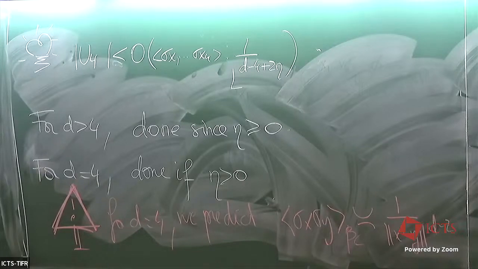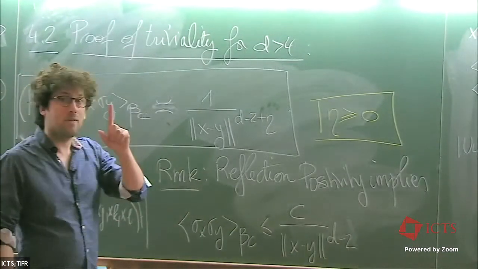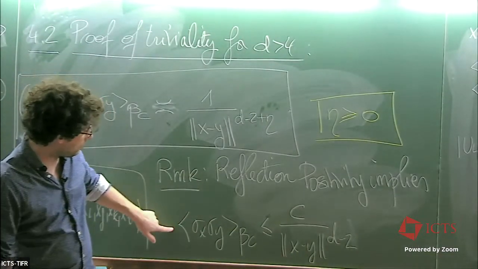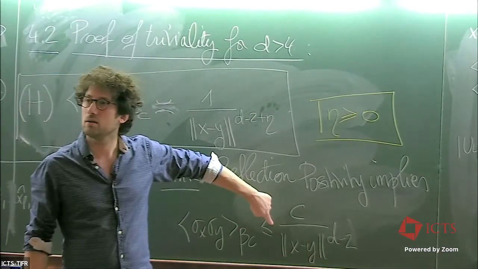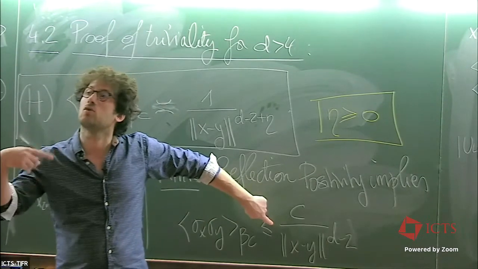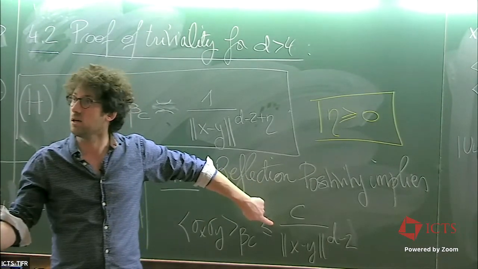At this stage, I didn't fully prove triviality in dimension 4 and more because I use this assumption. This is really a hypothesis. But notice one thing at least, that this bound is in the right direction to tell you that you don't have intersections, right?